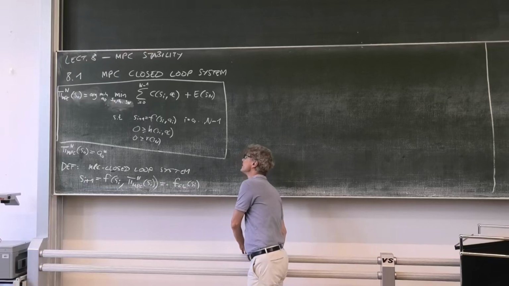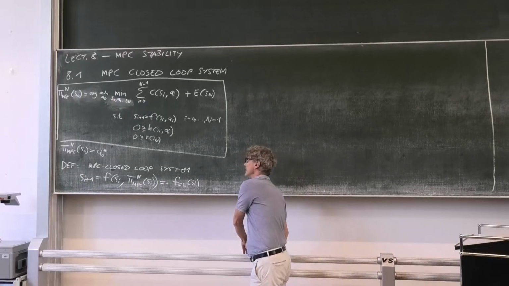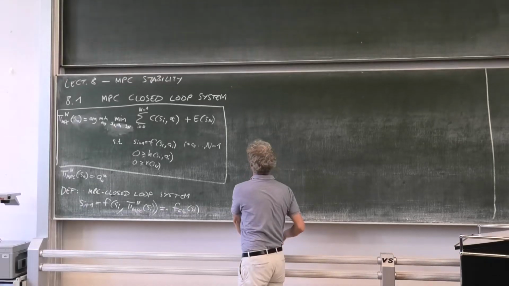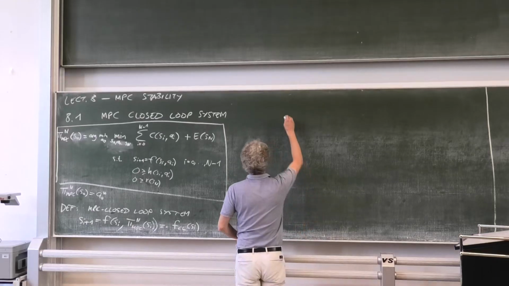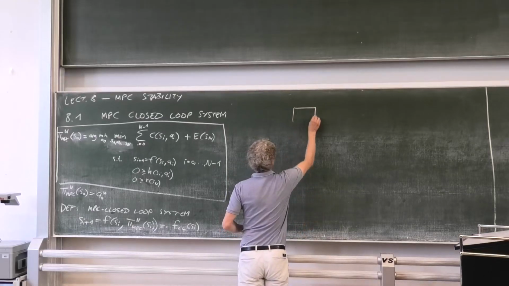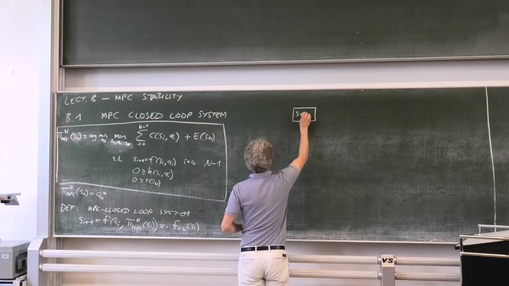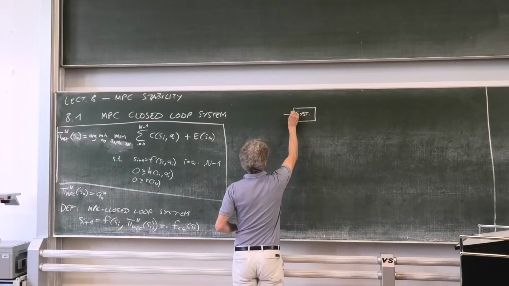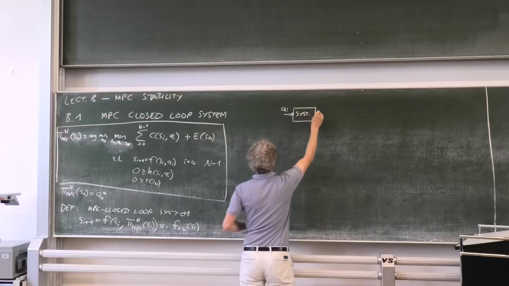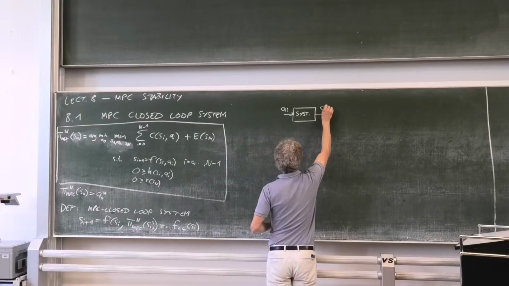So let me just visualize that in a graph briefly what we do. Right, so we have our system. That's the system without our controller. Yeah? It has actions that we put into it, and it has states that we can measure.